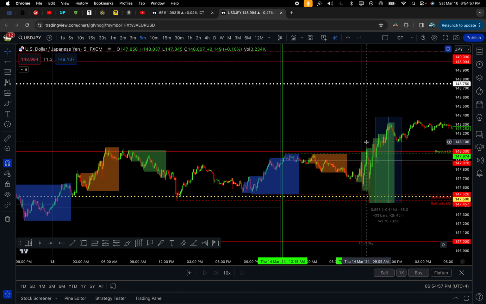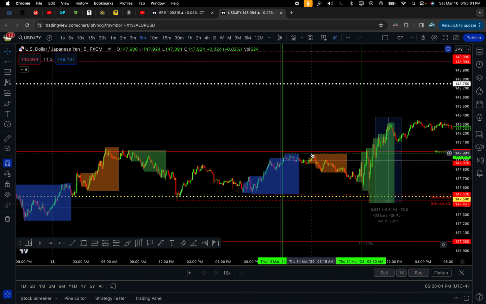If the big money wants to take the market down, they need lots of people to buy from, right? If the big money, smart money, wants to sell, they need a lot of buyers to sell to. And these sellers, when their stop loss gets hit, they become buyers who the institutions can then sell to.